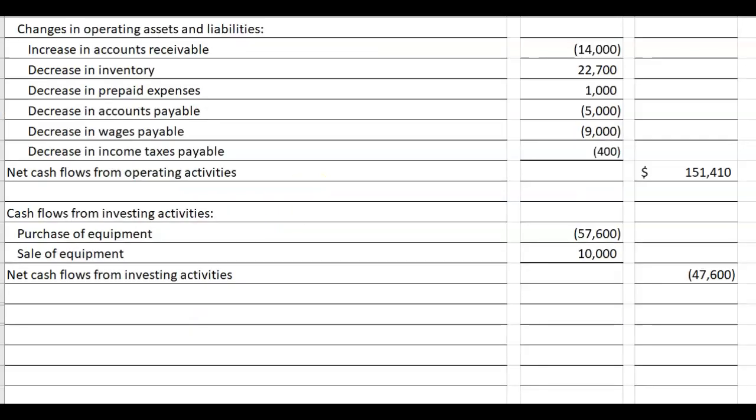As I mentioned in our lecture videos for statements of cash flows, the investing activities will include changes in long-term assets that arose because of the receipt or the payment of cash.